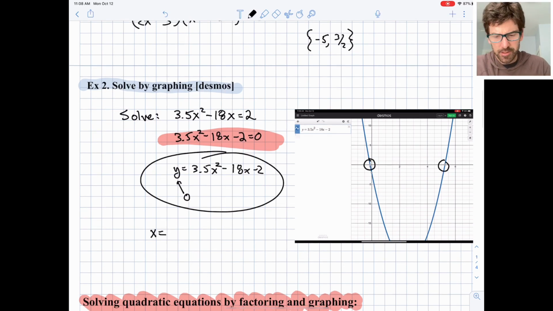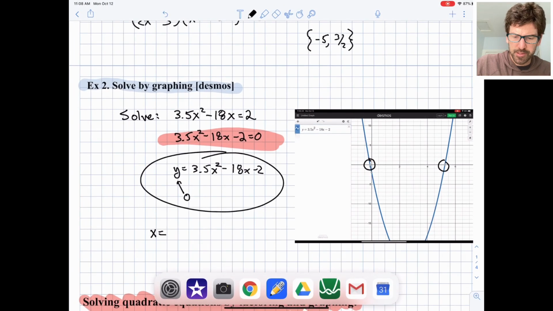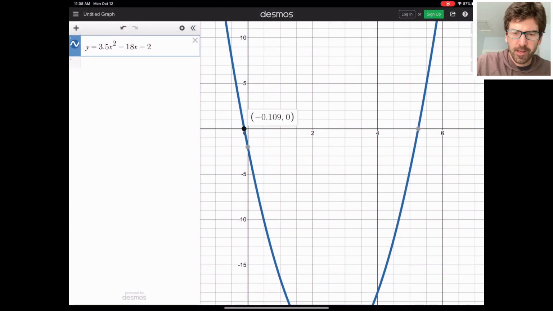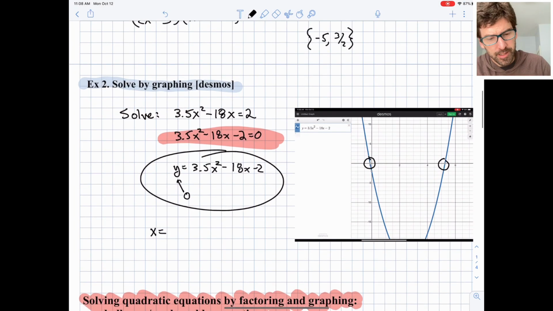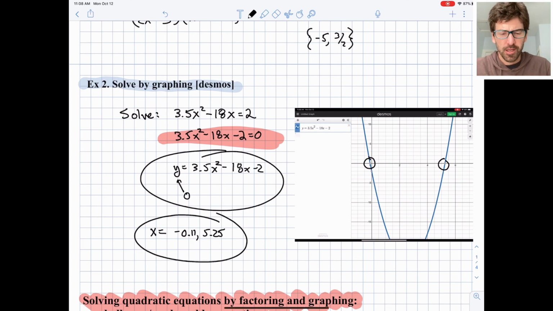X equals, let's go back and grab it from Desmos, negative 0.11 and 5.25. So negative 0.11 and 5.25 are the two solutions that we determined from graphing on Desmos. And that is a great place to stop right there.